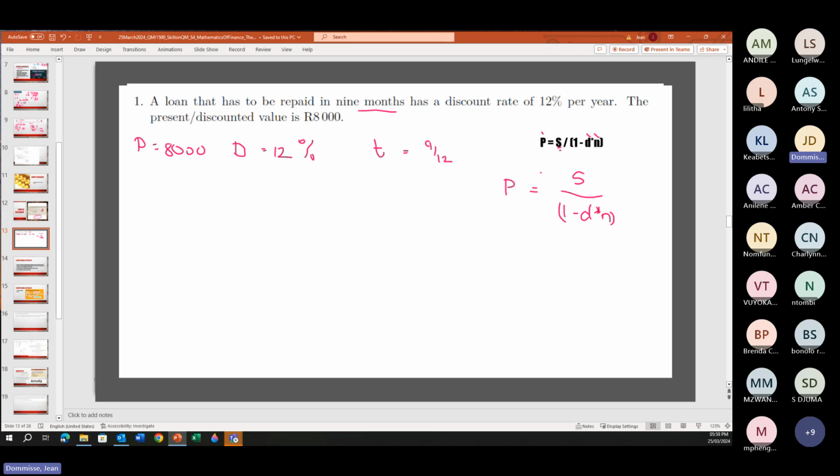So again, to have S on its own, we will need to get rid of the 1 minus D times N. How we do that is on both sides multiply by 1 minus D over N. If I do that, that will be equal to S. So now you can see we've got that, we've got that, we've got that. So we are able to work out what the S amount is.